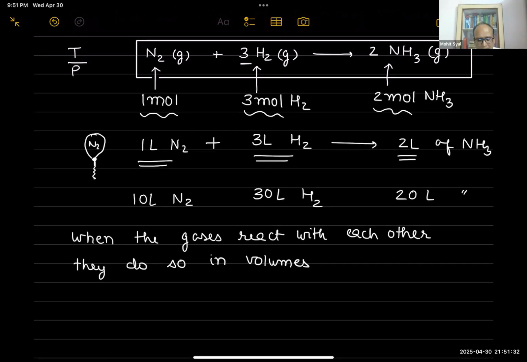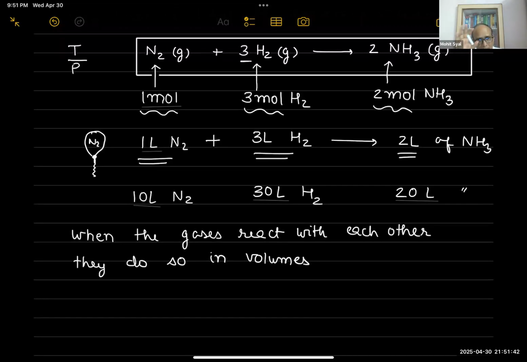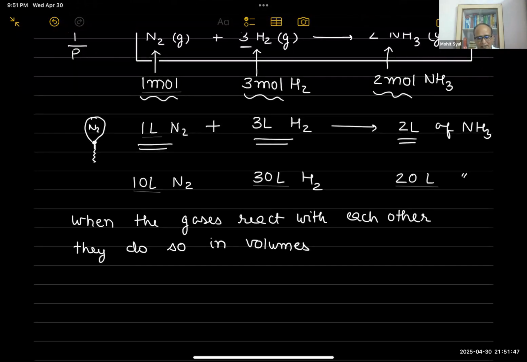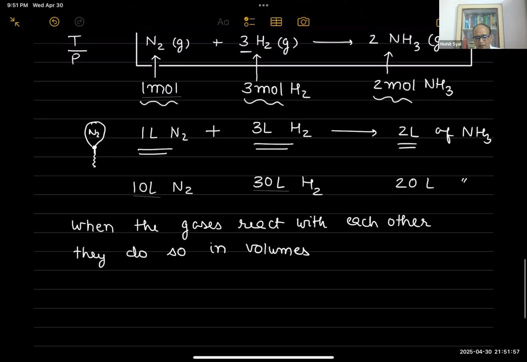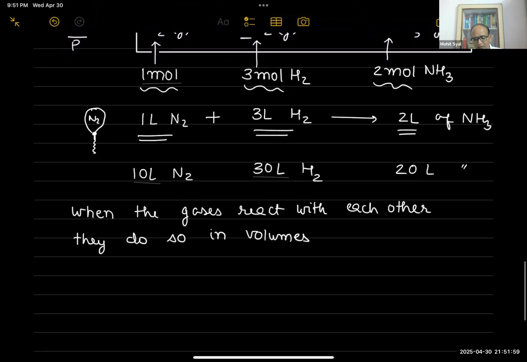In order to react this one balloon of nitrogen, I require 3 balloons at the same temperature and pressure filled with hydrogen of the same size. So when the gases react, they react in terms of volumes because gases are measured in volume. So when the gases react with each other, they do so in volumes.